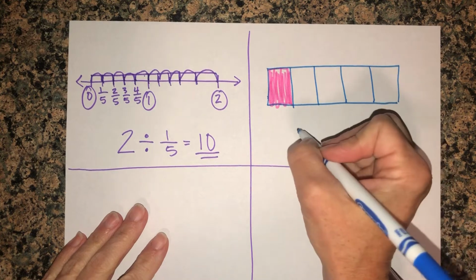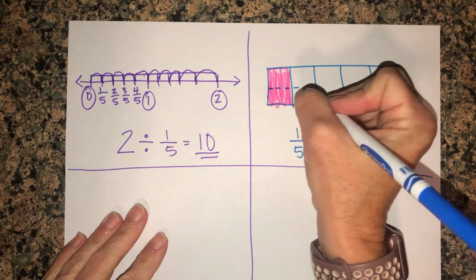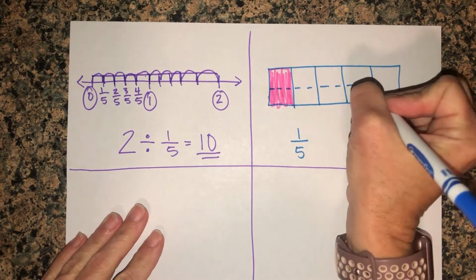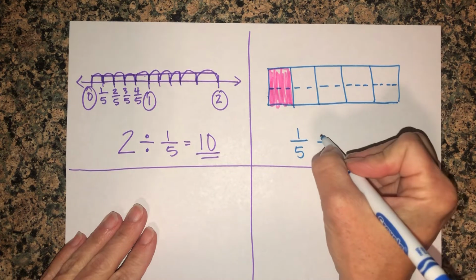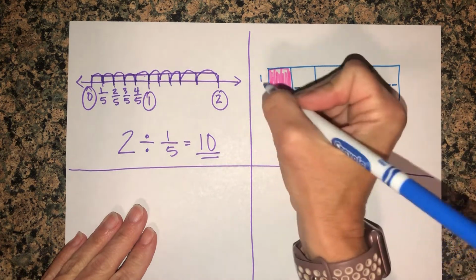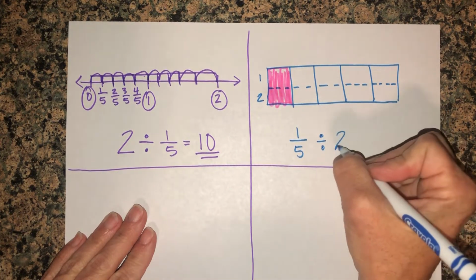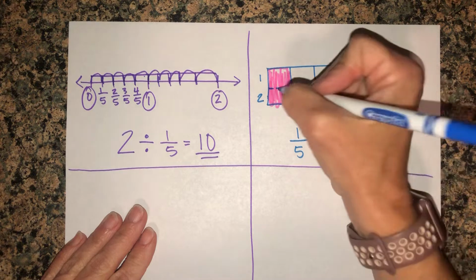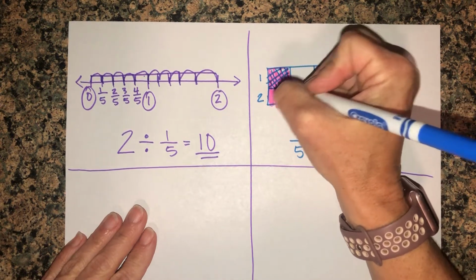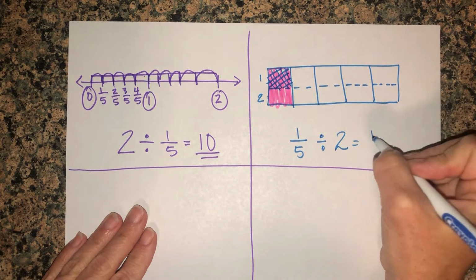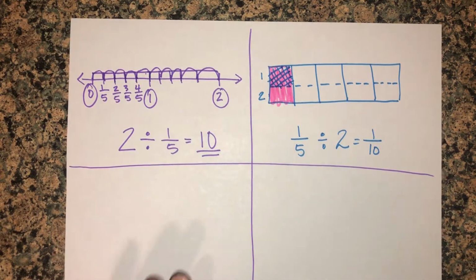This shows 1/5. And then my second part is how many pieces I split the 1/5 into. 1/5 divided by, there's 2 pieces here, so it's going to be 1/5 divided by 2. And then this piece here in the corner is my answer, 1/10, which is 1/10 of the whole piece.